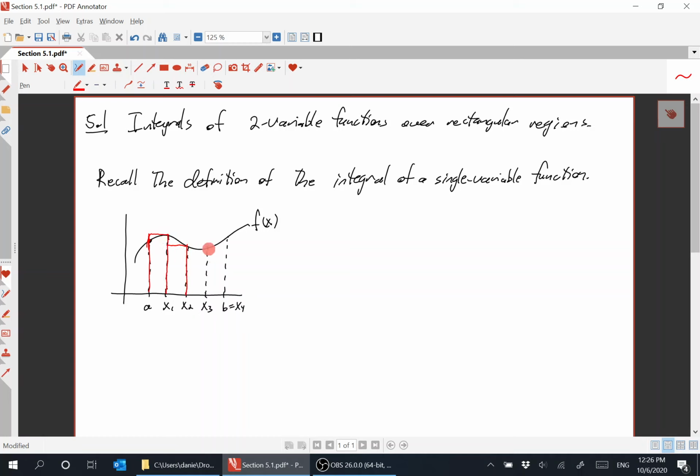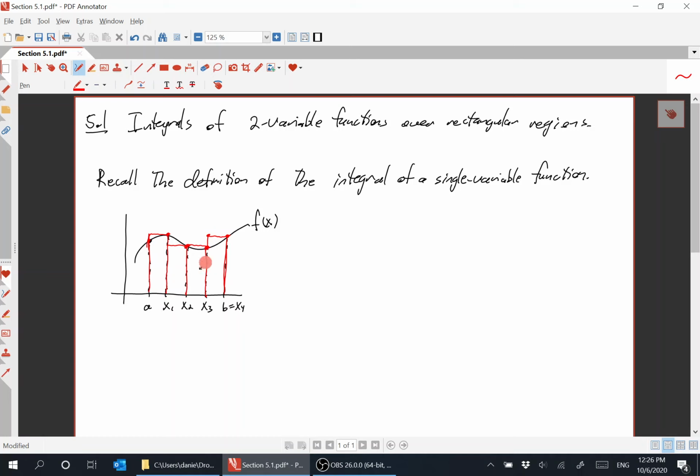I'm using right-hand endpoints. Of course, you can use right hand or left hand or whatever your favorite is. It doesn't affect the outcome.